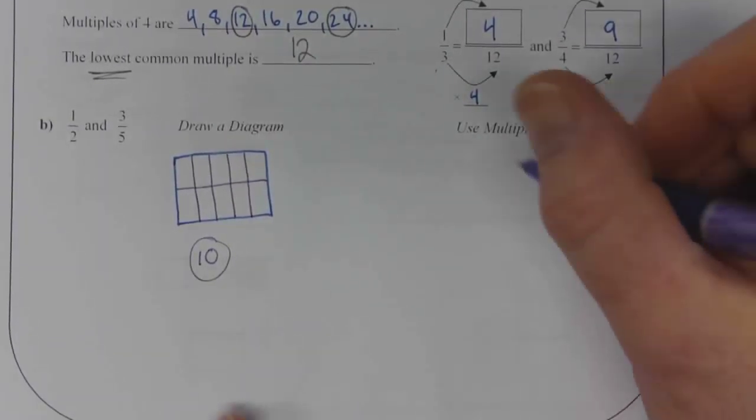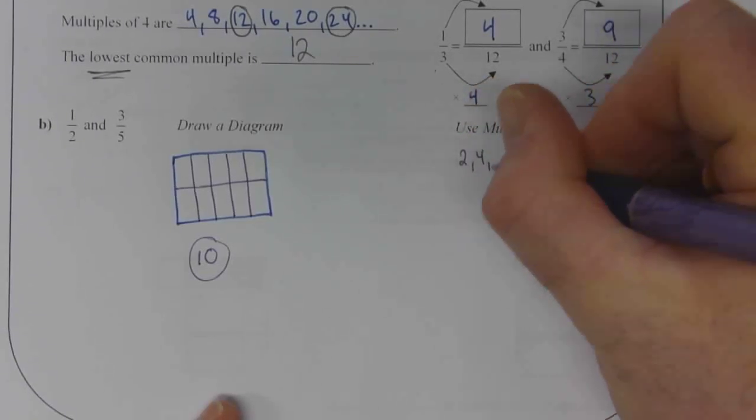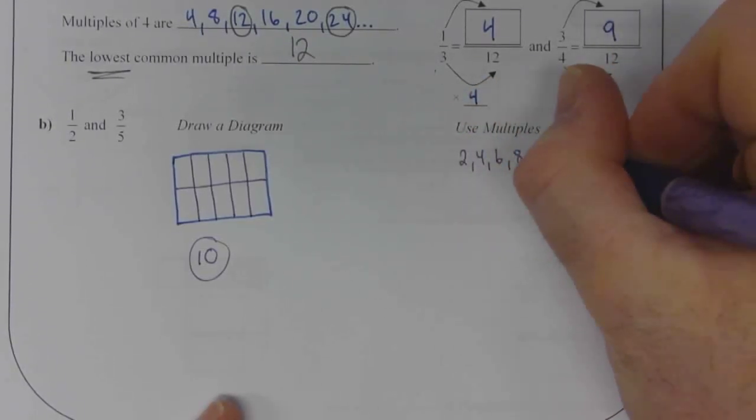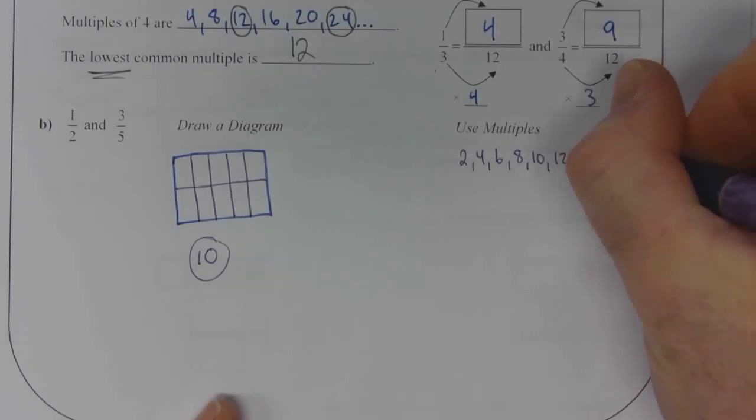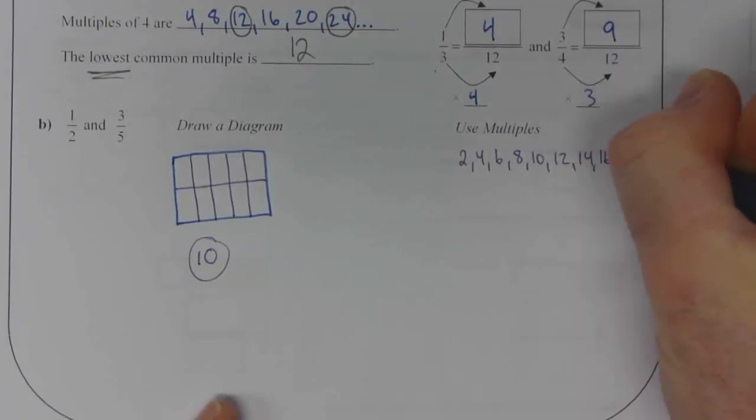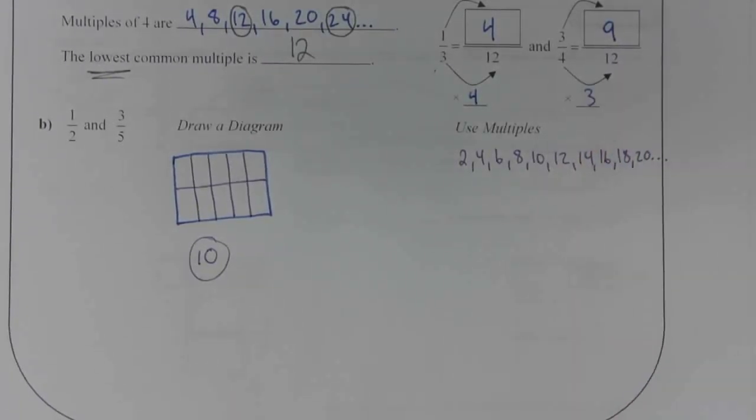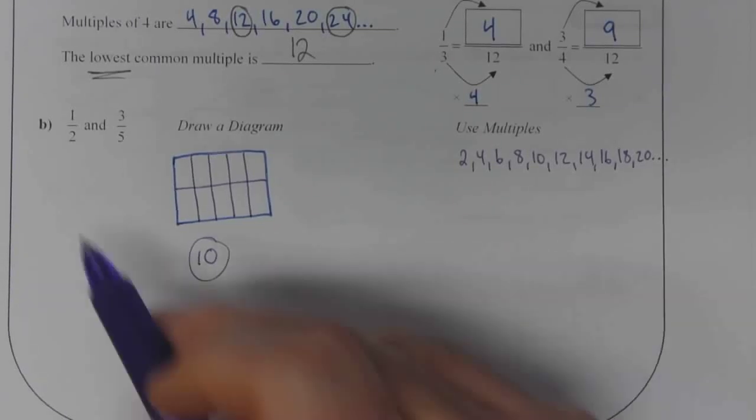Now we can also use multiples. So 2, 4, 6, 8, 10, 12, 14, 16, 18, 20, etc. That's for 2.